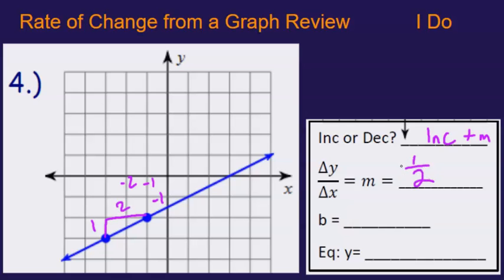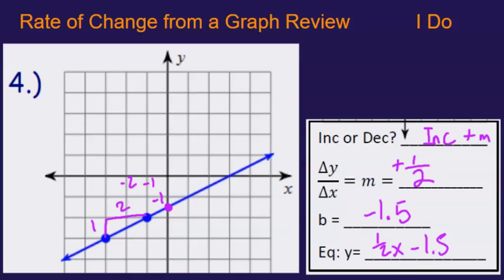We have 1 over 2. It's positive because increasing. B is the y-intercept. It looks like it's about -1.5. So y would equal 1/2 x minus 1.5.